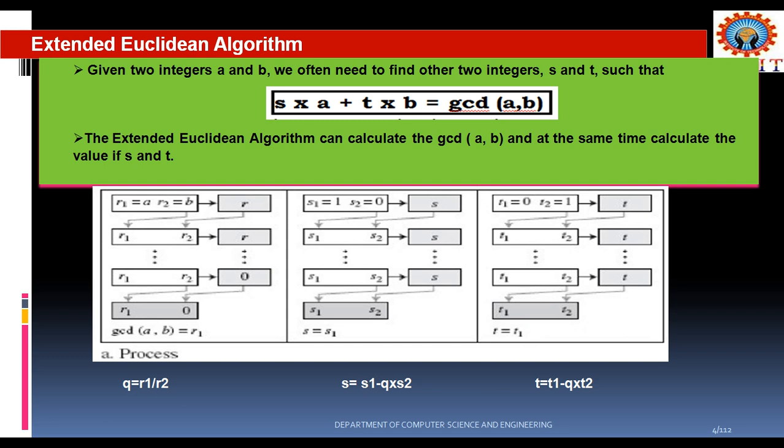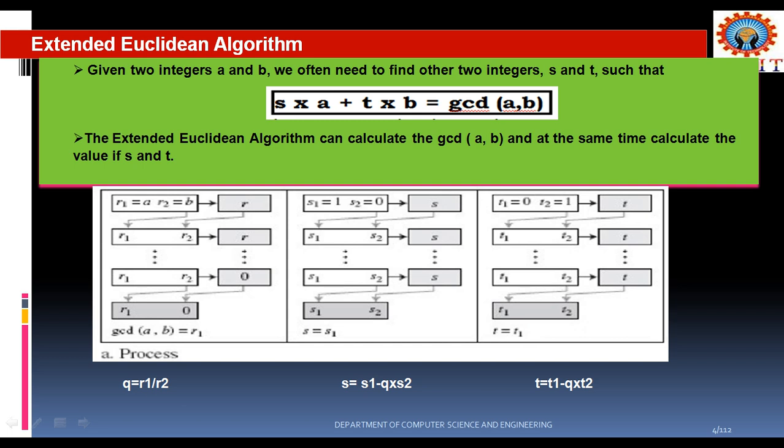The formula is such that some value s into a plus some t into b is equal to GCD of a comma b. This is the extended Euclidean algorithm relation: sa plus tb is equal to GCD of a, b, where we know the a value, the b value, and the GCD of a, b value.